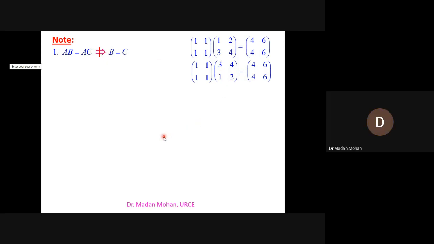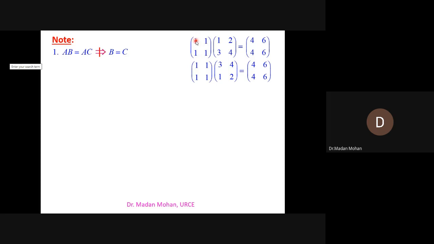Because row column wise, it fails. These are not numbers, they are matrices. Therefore, AB equal to AC implies B equal to C is wrong. When is it right, do you know? There is a condition. When it is right: if determinant of A is not equal to 0, then A inverse exists.